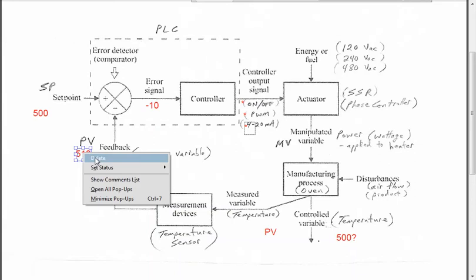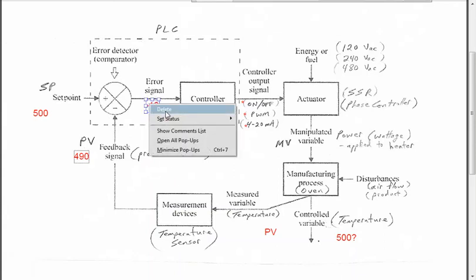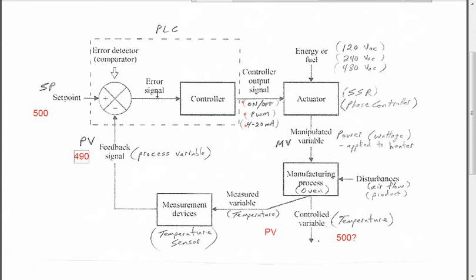So if we had this 10 degrees under, your error signal might come back positive, and a positive error signal is going to communicate to the controller, and the controller will, in this case, if it was simple on-off control, tell it to turn on.